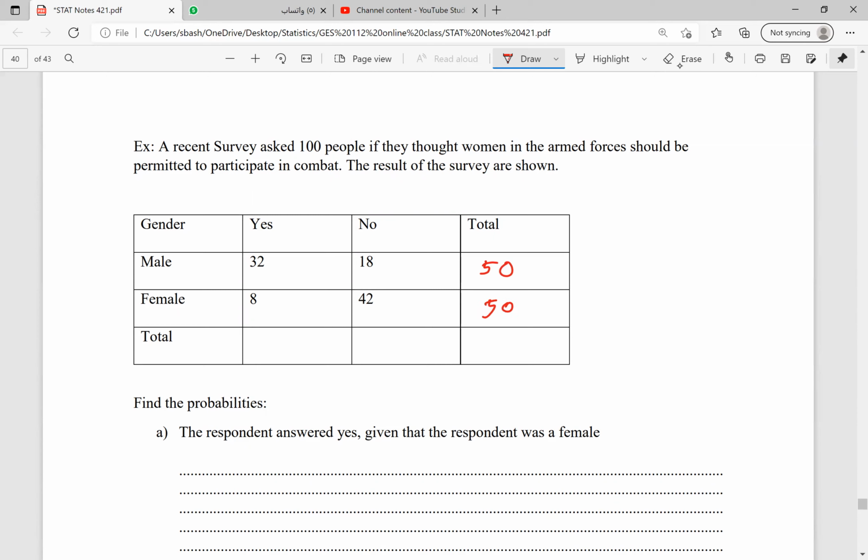We have 40 who said yes and 60 who said no. The total of these two is 100, but it's given there.